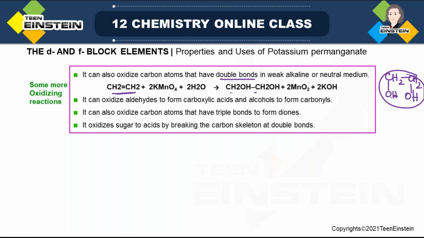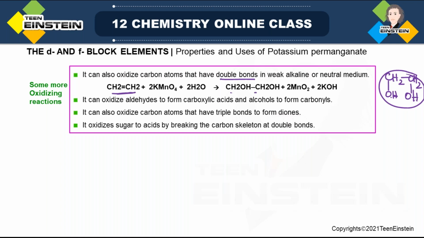This equation is actually used for identification of the C=C double bond. That is, whether any unsaturation is present or not, you can identify by using KMnO4 reagent. Suppose you have an unknown sample of organic compound and you do not know whether unsaturation is present or not, but you want to identify. Then what will you do? You will add some KMnO4 reagent.